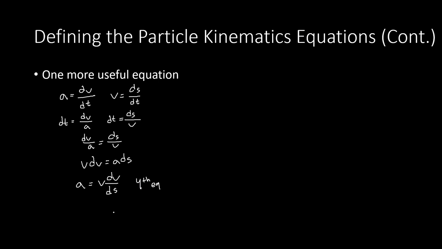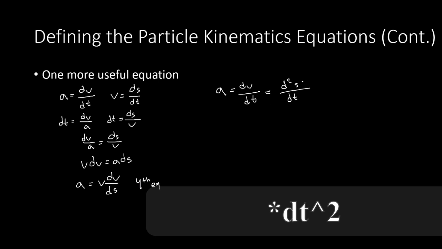Something you also may notice is that in all of our equations we have acceleration equal to something now, with velocity, position, and time in the other cases. So the equation that I like to remember is a combination of all of them. So we know that a is equal to the time derivative of velocity, and we also know that it's equal to the second derivative of position with respect to time.